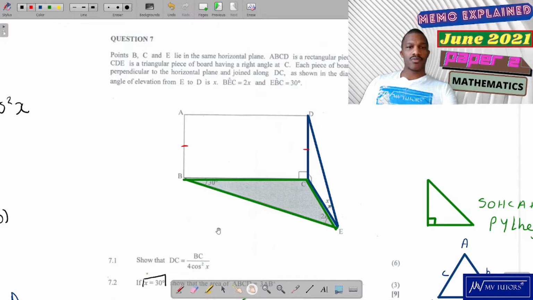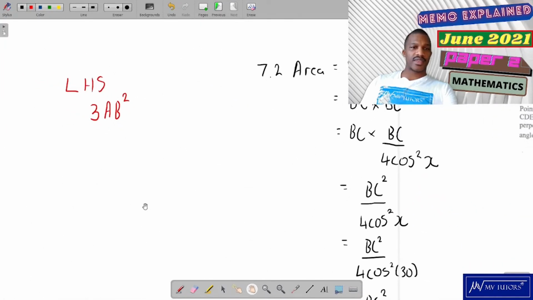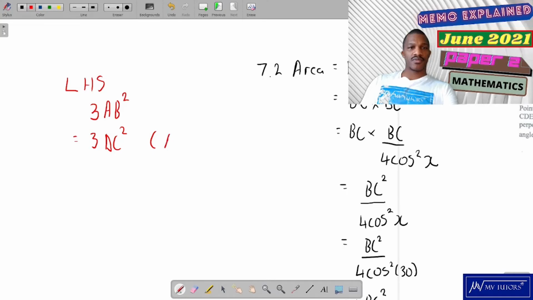So we can then say 3AB squared is equal to 3DC squared, and the reason is because AB is equal to DC. That's the reason.